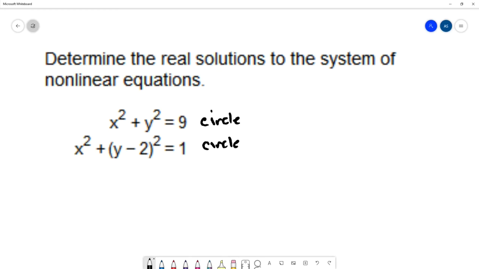And usually circles are pretty easy to graph, so instead of giving a generic sketch, let me actually sketch this. So I've got x squared plus y squared equals 9. That's a circle with the center at 0, 0, with a radius of 3.